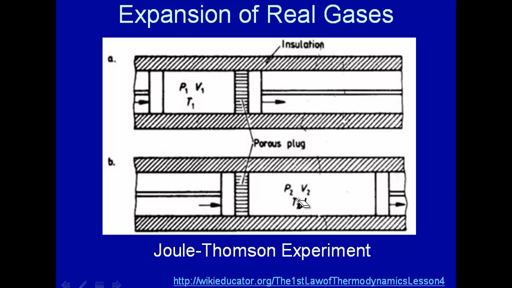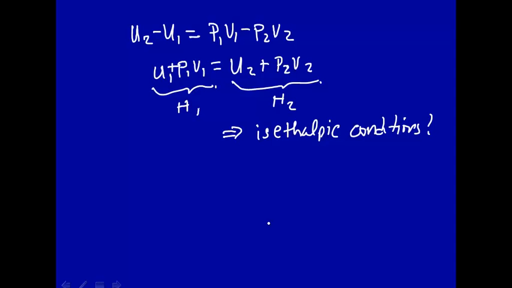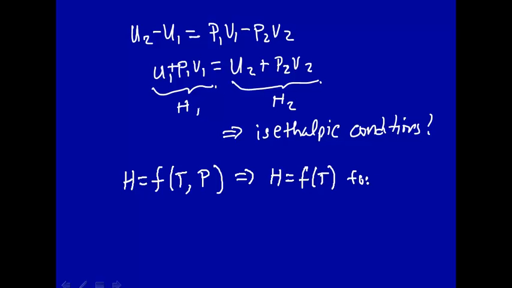Okay, and get rid of all that stuff. That's kind of interesting. But wait, there's more. Let's go ahead, excuse me, and look at this. We said that H is in general a function of temperature and pressure, and for an ideal gas, H is a function of temperature, not a function of pressure.